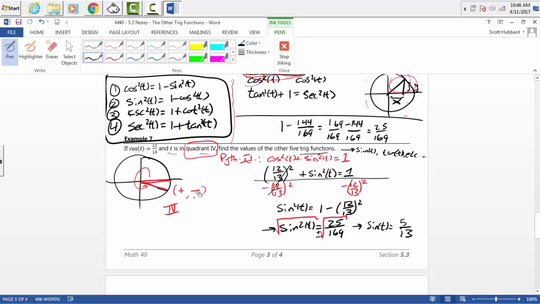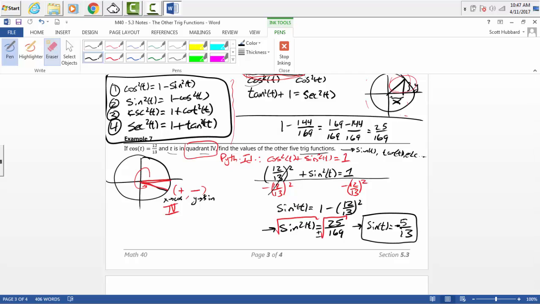Remember, this is the y value, this is the sine, and x is the cosine. Y is the sine, and it was negative in this quadrant, so this answer is going to be negative. That's why we have to know which quadrant it's in. So now I know that sine is negative 5 over 13, and now I know cosine.